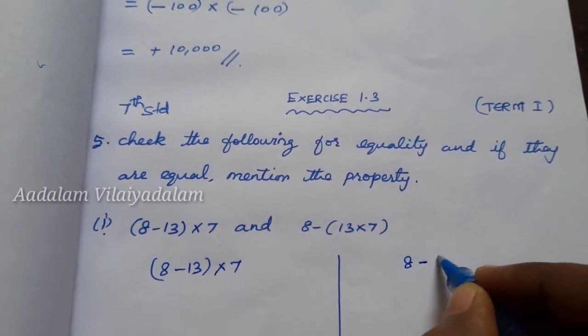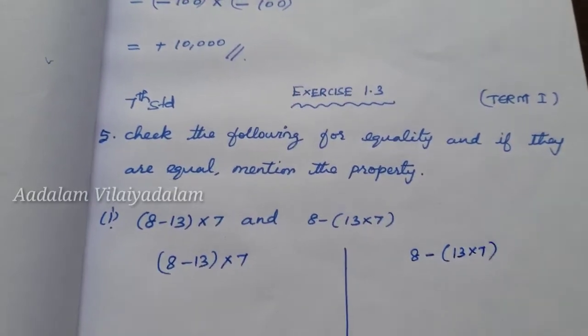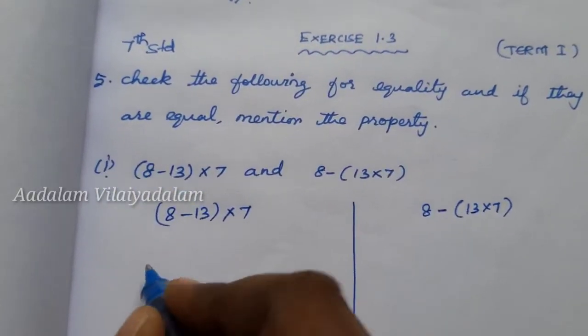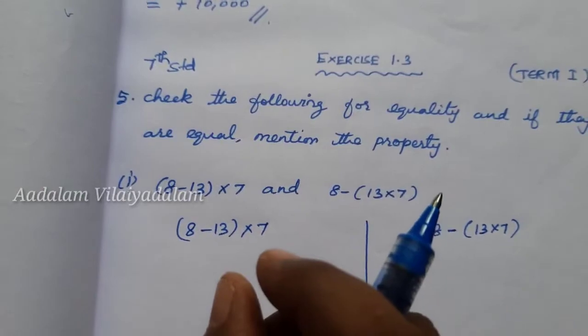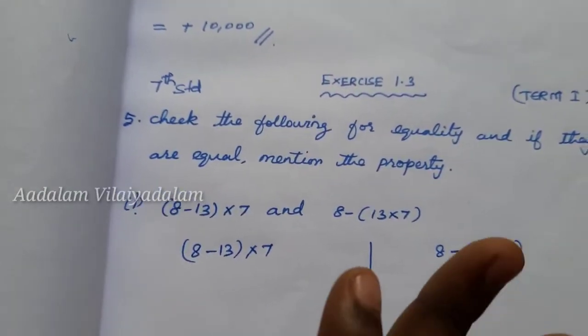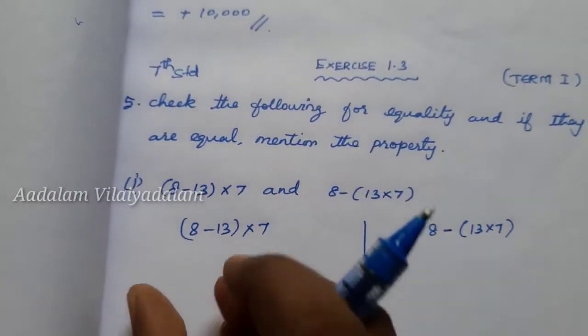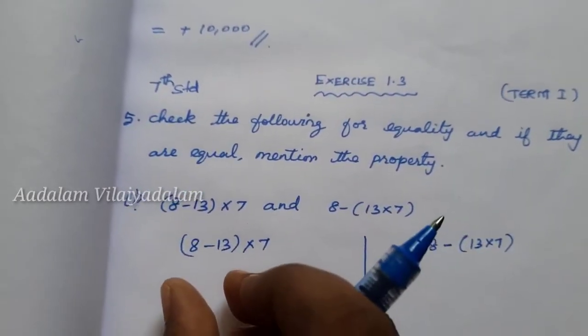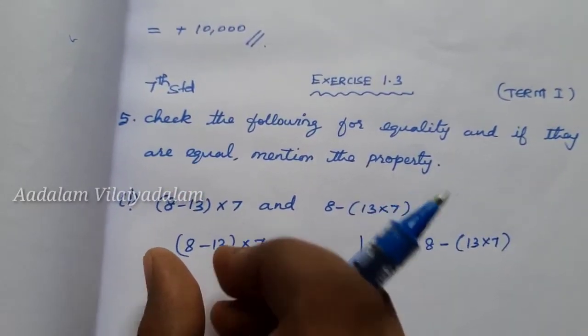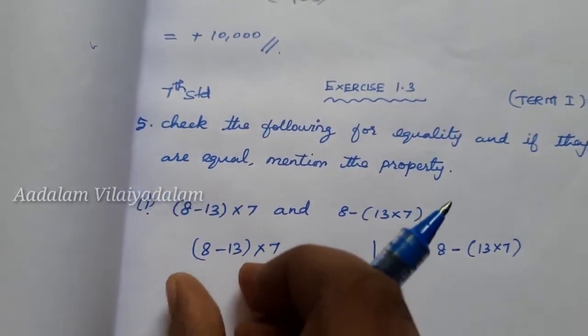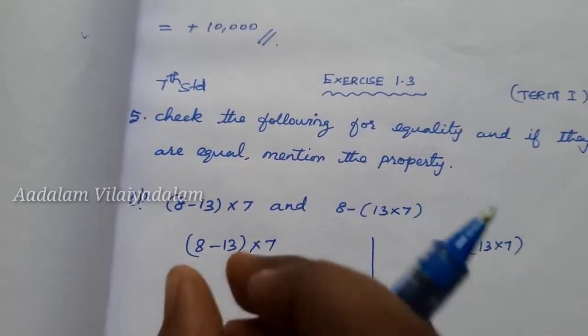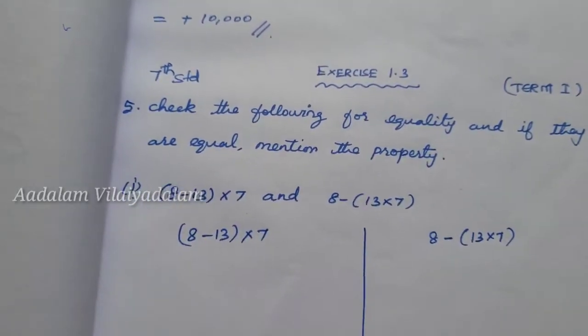Here 8 minus 13 into 7 is given. Now we shall do the multiplication. But remember, always we have to simplify the bracket numbers first. Therefore, in the beginning, the bracket one we have to simplify.